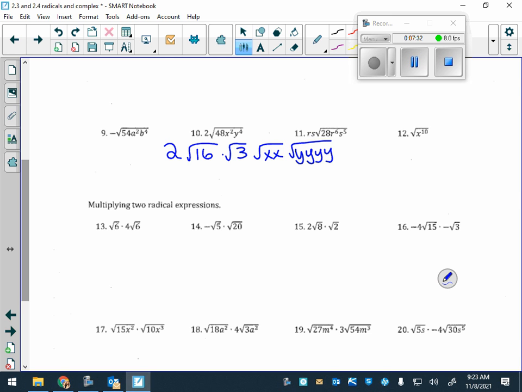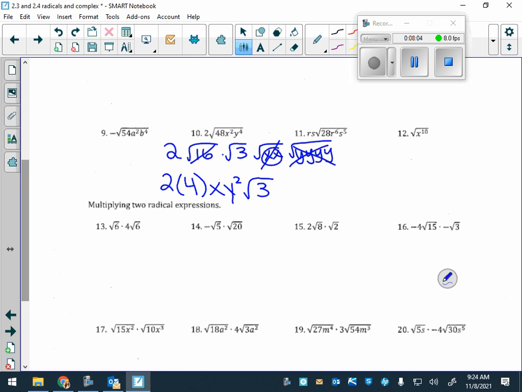So what's the square root of 16? Can I do anything with that? Nope, so that stays inside. How about here? Yep, just x. Now here, y squared, and there's nothing left over. So whatever is not circled stays inside, and now I multiply. So 8xy squared root 3. Okay? Yeah, look.